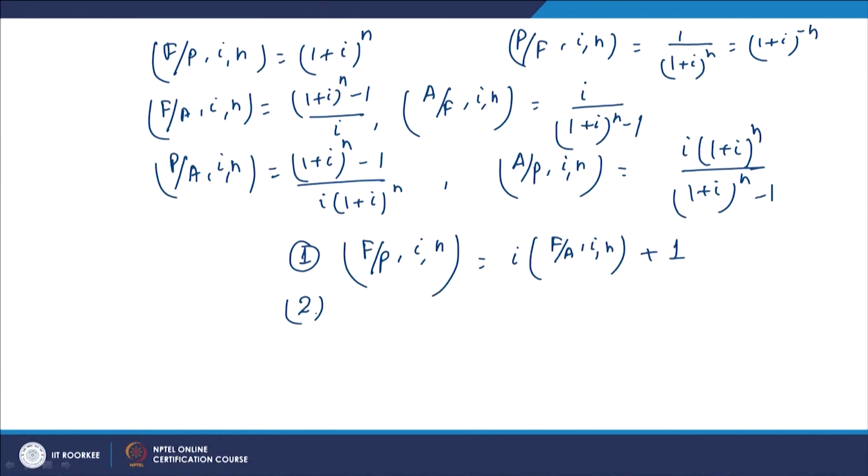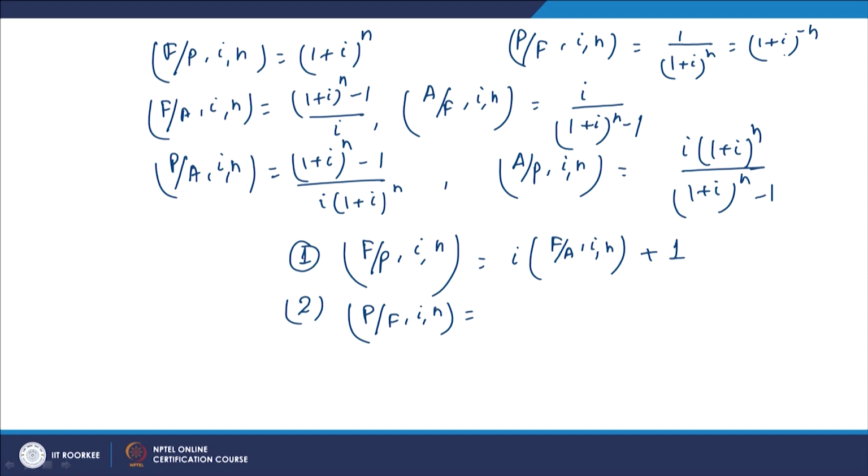Similarly, go to the next one. You look at the factor P by F, i, n, so (1 plus i) raised to the power minus n, and you look at the factor P by A, i, n, that is ((1 plus i) raised to the power n minus 1) by i into (1 plus i)^n. Now if you look at this expression, P by F, i, n, this is 1 by (1 plus i) raised to the power n.